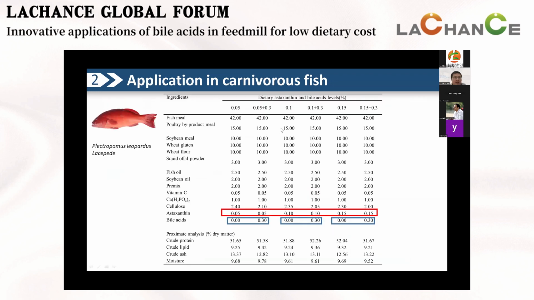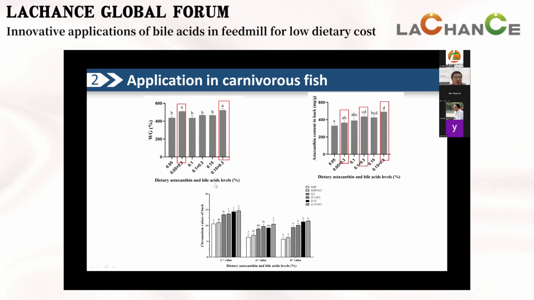And here is an example in this fish. In this experiment, they set 3 levels of astaxanthin and 2 levels of bile acids. One group was not supplemented with bile acids, and the other groups were supplemented with some bile acids. And here is the weight gain of the fish.